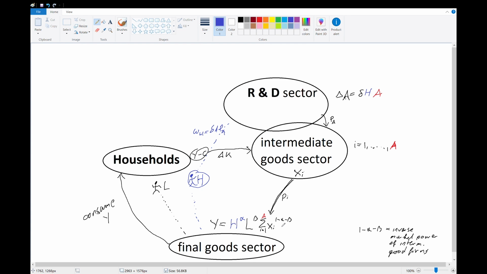But, and this is the second very interesting feature of the Romer model, if you would double all production factors, if you would double H, human capital, labor L, X, and A, then you would more than double final output.